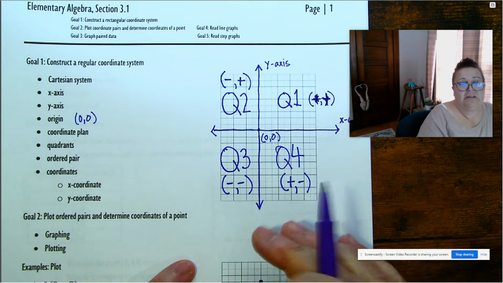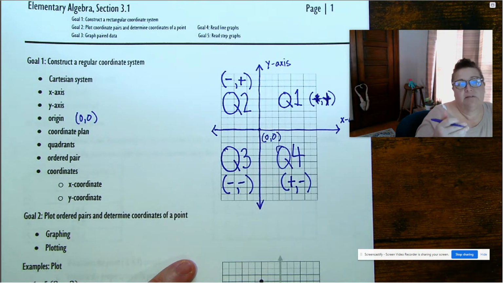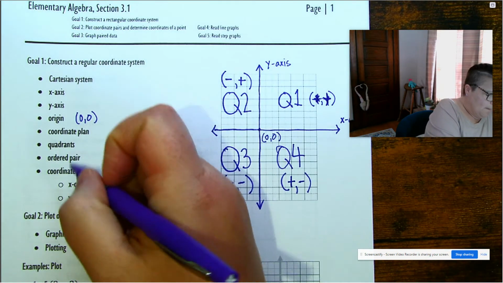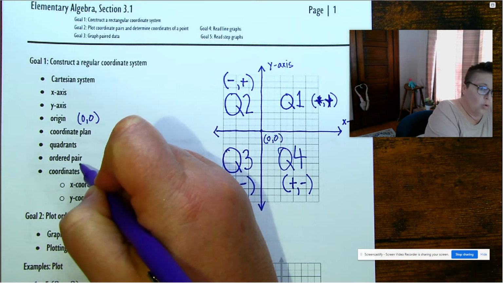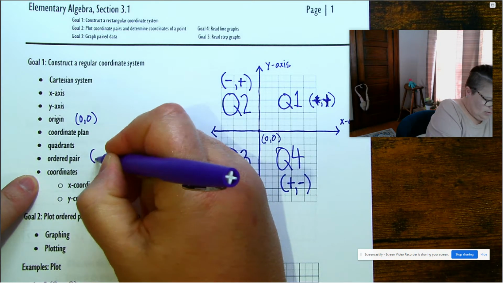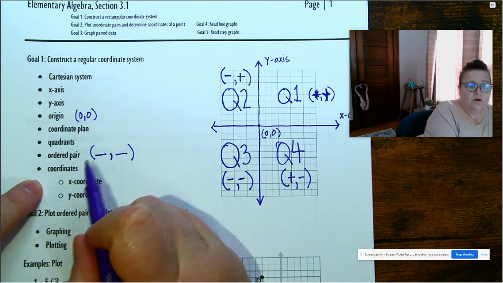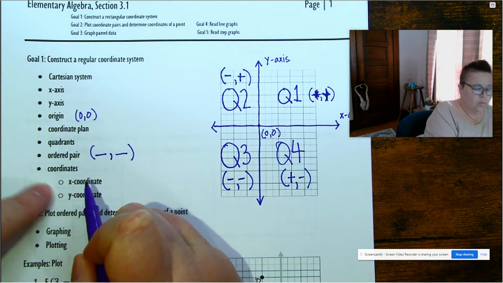So each one of these quadrants are characterized by their movements on the Cartesian system or on the coordinate plane. We mark those movements using an ordered pair that is blank, comma, blank, right? And those ordered pairs are made up of 2 coordinates.